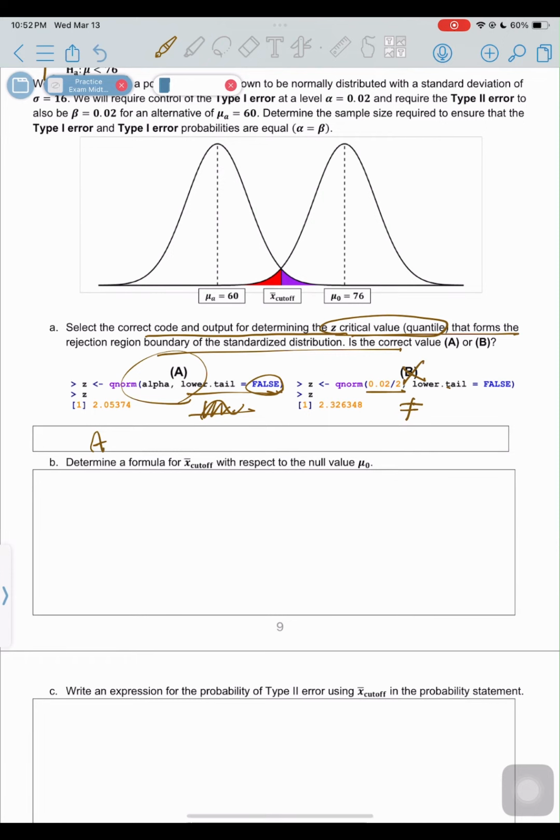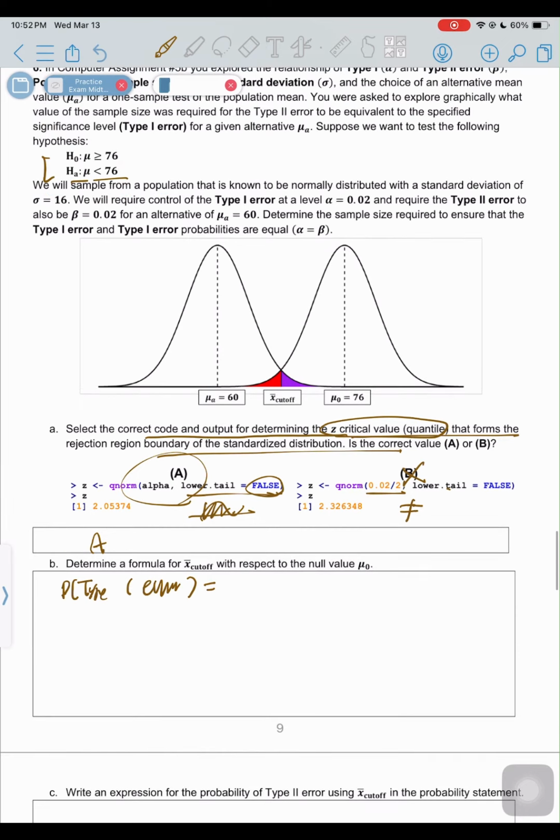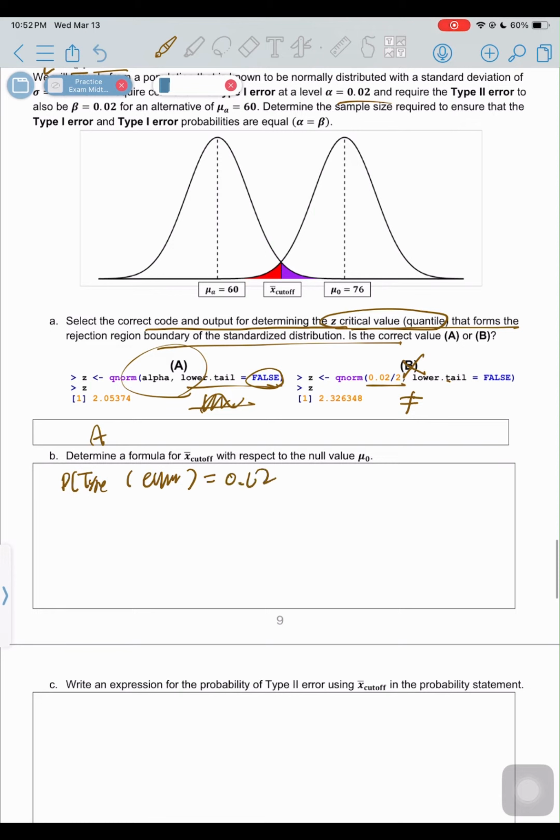Determine a formula for X cutoff with respect to the null value mu naught. Type 1 error is, what is it? 0.02. There we go. So P of X bar, the sample mean, less than X cutoff, given that mu is mu naught, is 0.02.